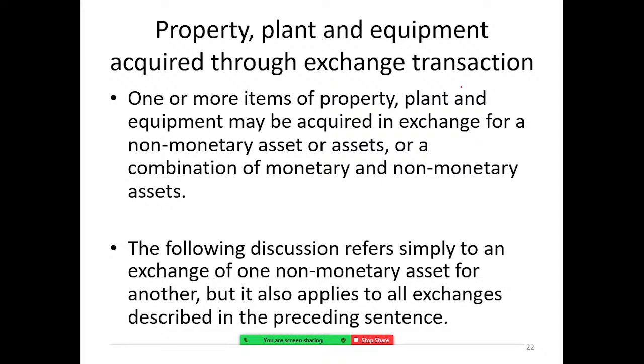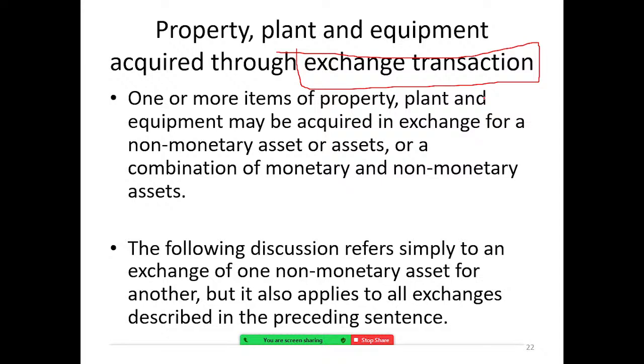Alright, now we move to assets acquired through exchange transactions. Normally assets are purchased with cash or cash equivalents. Sometimes entities purchase equipment, property, plant and equipment, by exchanging existing old assets for new assets.